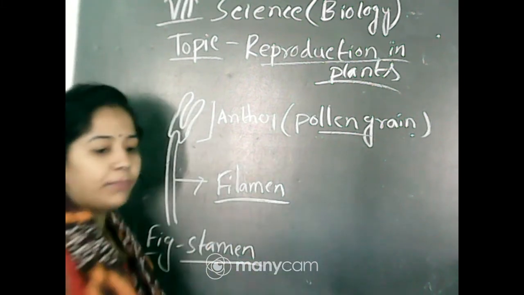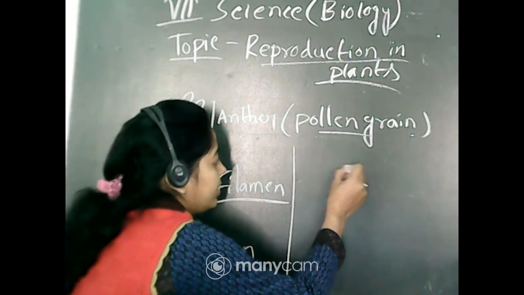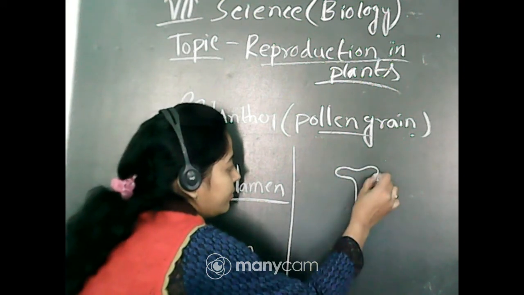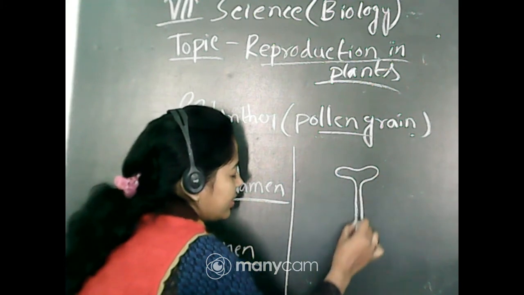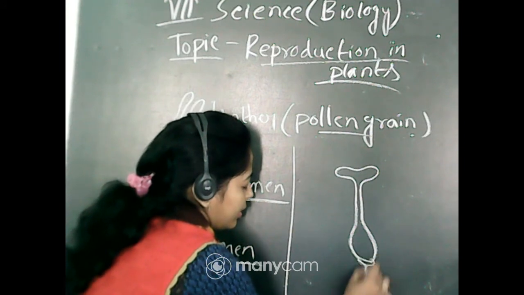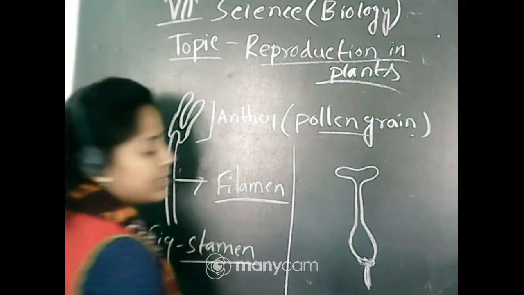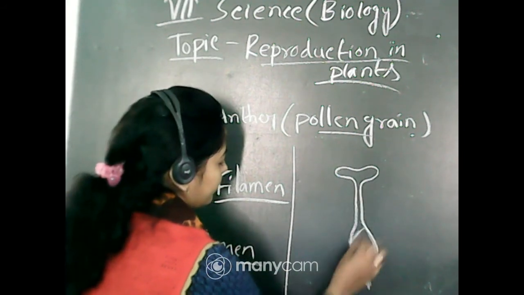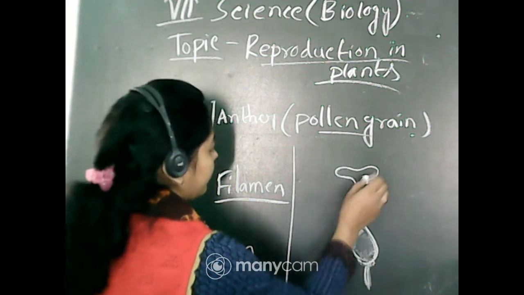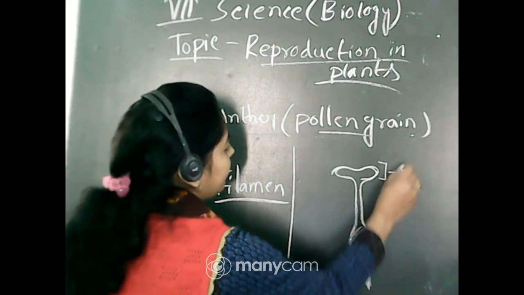Now we come to the female reproductive part. I am drawing it on this side. The female reproductive part figure is just like this. This is the stigma part.